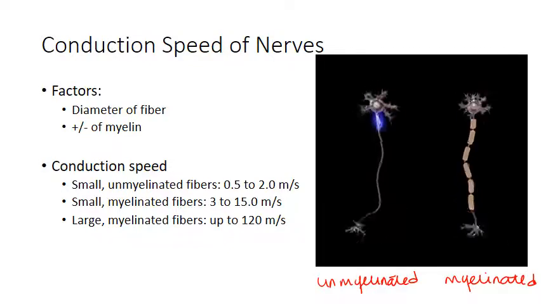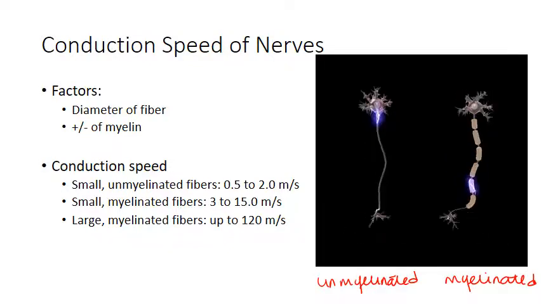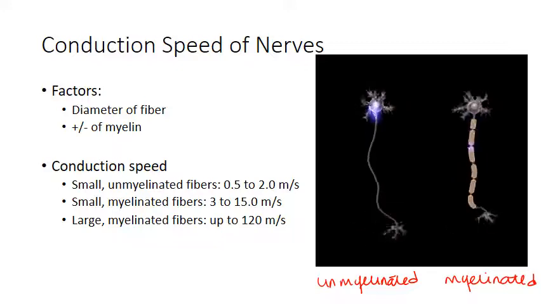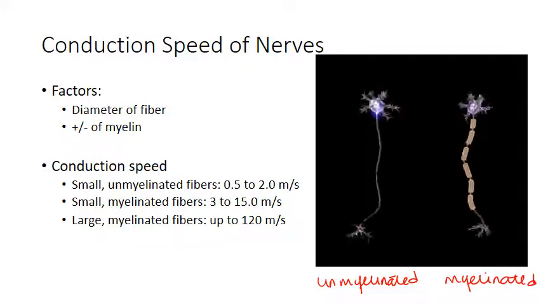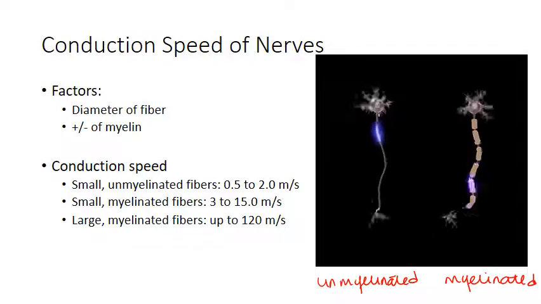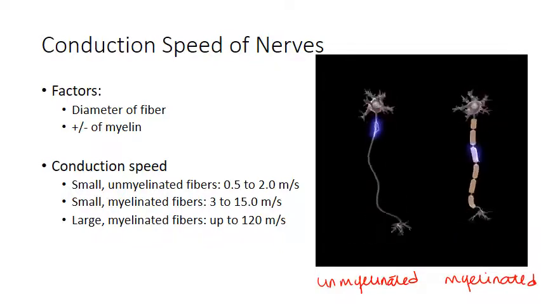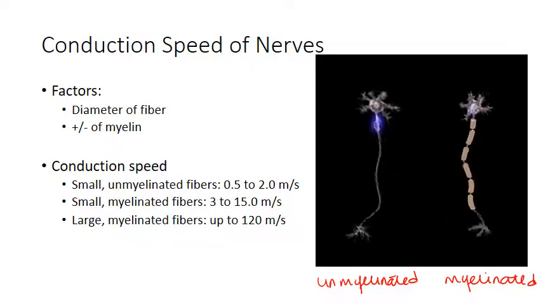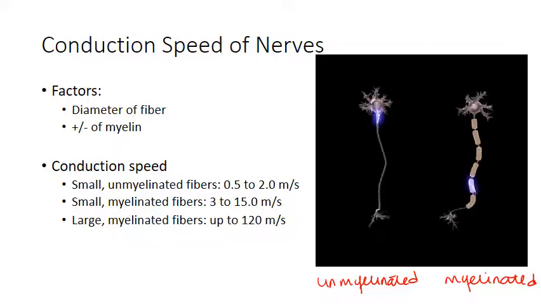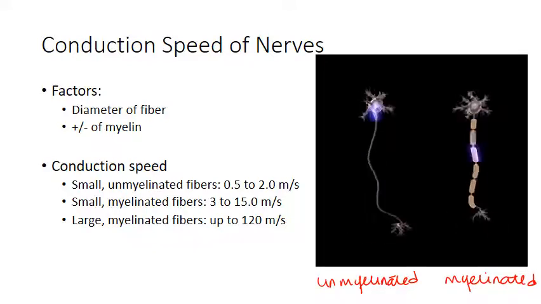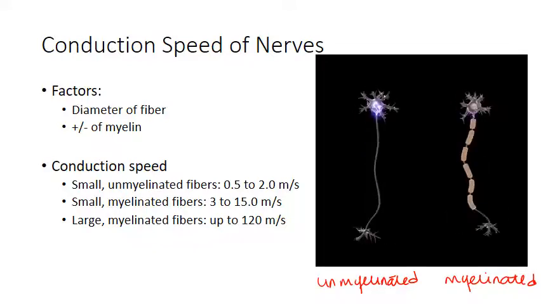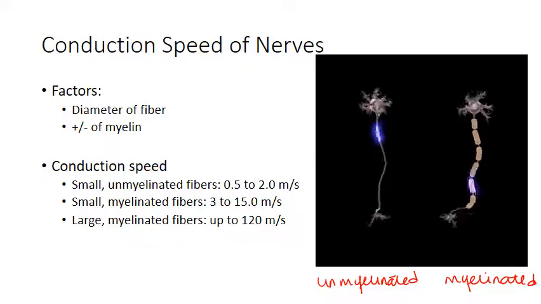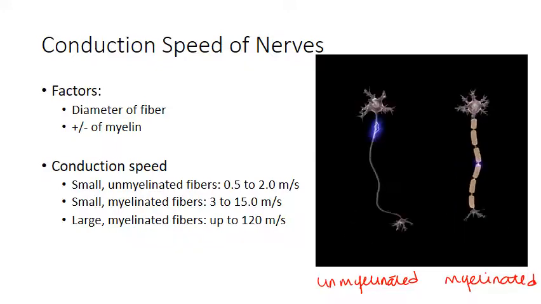So there are two major factors in how quickly a signal travels down a neuron. Those factors are how big the fiber is, so how big in diameter the axon actually is, and then the presence or absence of myelin. Our small unmyelinated fibers are going to carry messages slowest. Our large myelinated fibers are going to carry them fastest.